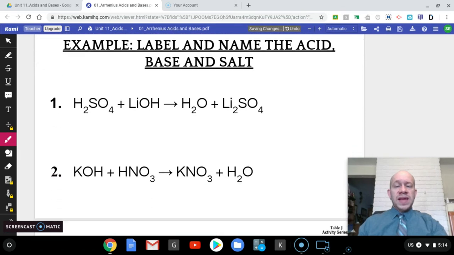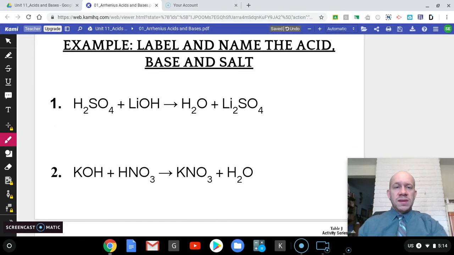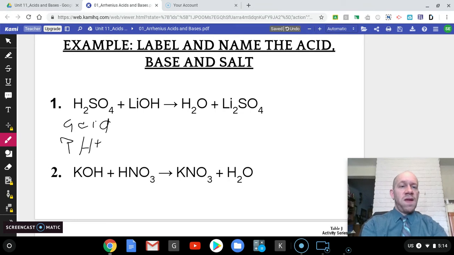So for example, label and name the acid, base, and salt. So we'll look at these compounds in the same way. If I break H2SO4 apart, that will be our acid because I'm increasing my H plus. This is our base, because if I break it apart, I'm increasing OH minus.